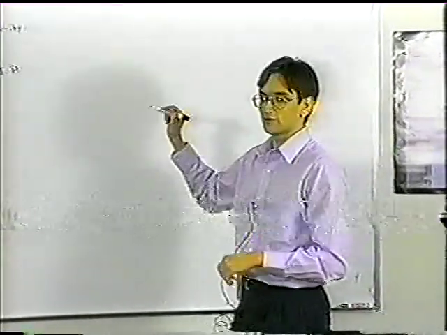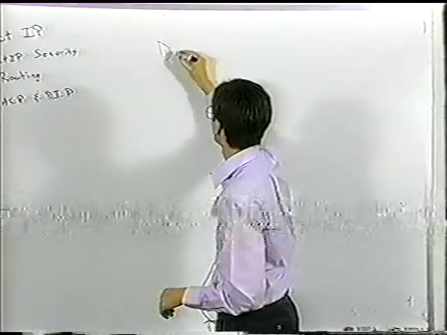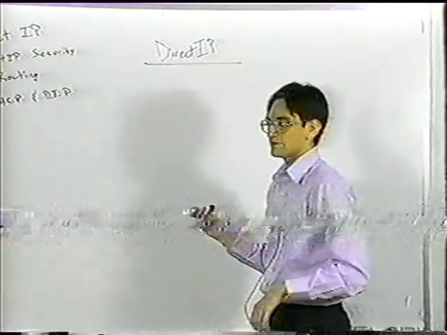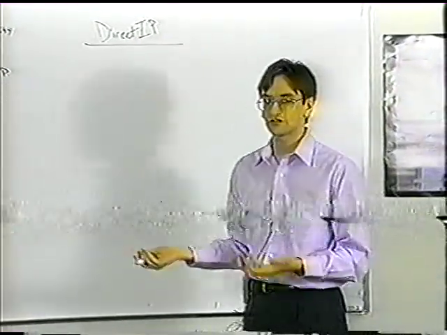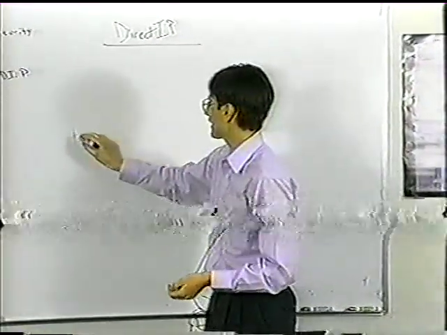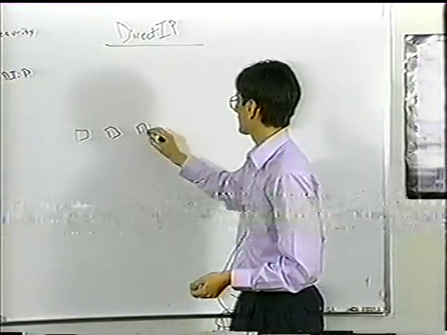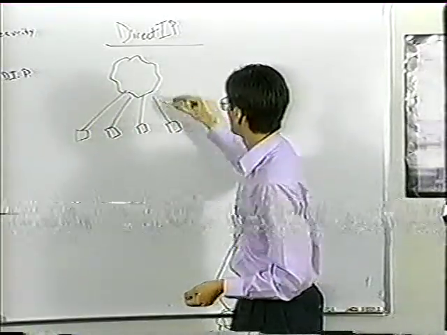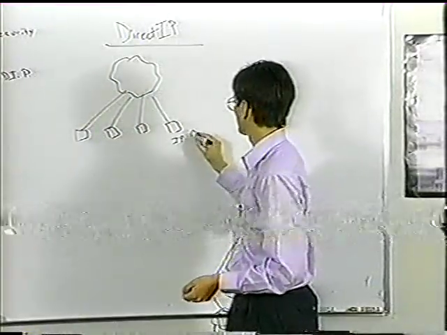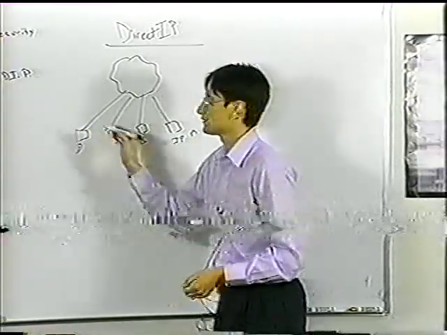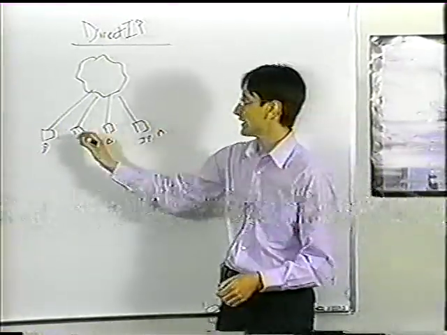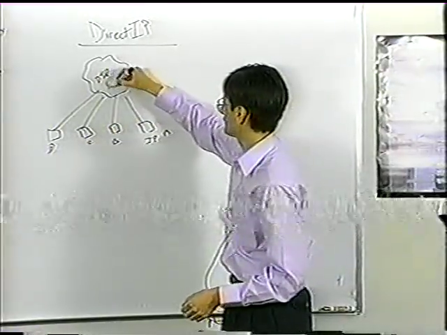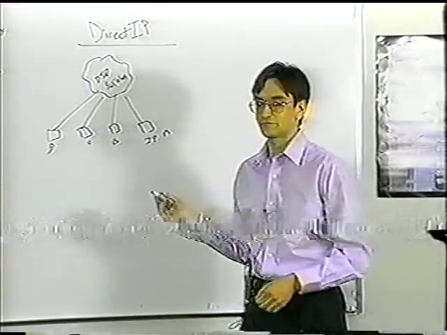So let me start with a general overview of direct IP. Direct IP is a methodology by which you have clients on a network using IP, etc., and the clients communicate with each other across direct IP switches instead of routers.